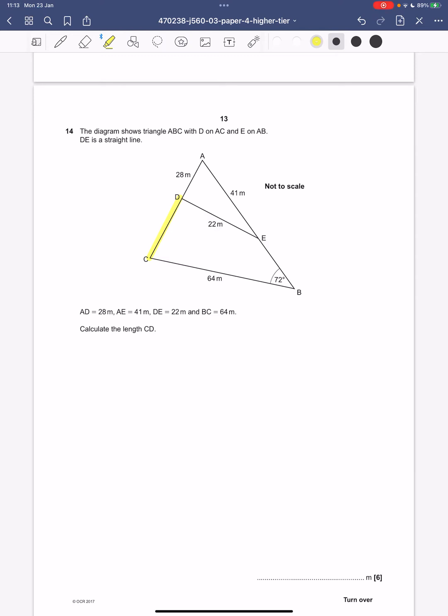What I see here is that because I've got three sides here, I can use the cosine rule in reverse to work out this angle A, because then I've also got angle B, and I've got this here, so eventually I'll be able to use the sine rule to work out this full length here. That's my thinking. So I'm thinking out loud there.